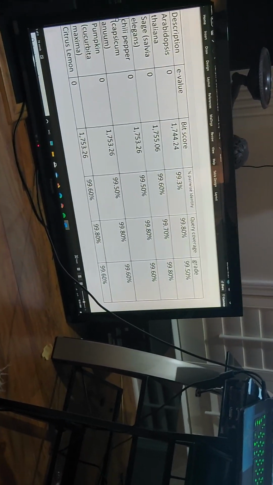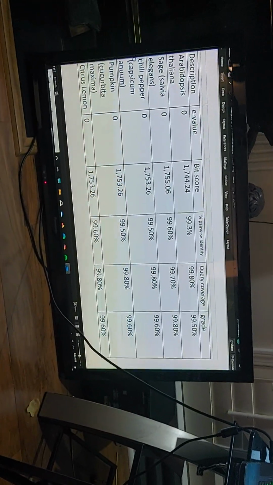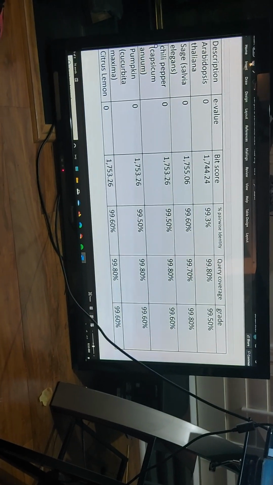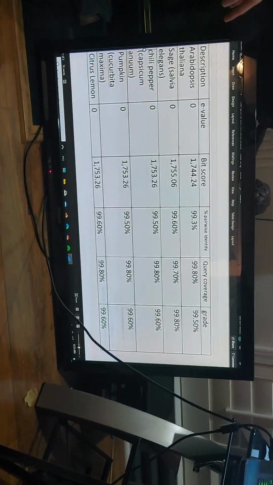The sage, or Salvia elegans, 99.6% pairwise identity, 99.7% coverage, 99.8% grade. It's also incredibly good. Actually, that would probably be the best. The sage was the closest one, I'd say, other than Arabidopsis. Actually, no, in fact, it is better than Arabidopsis.